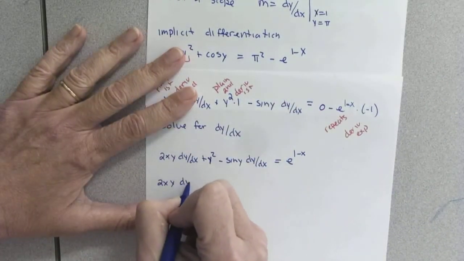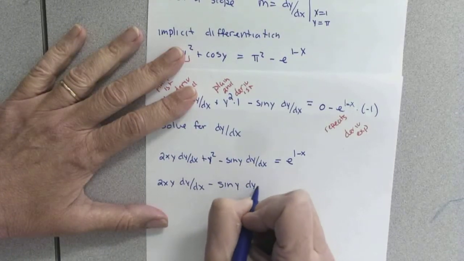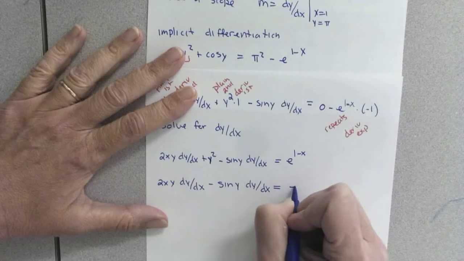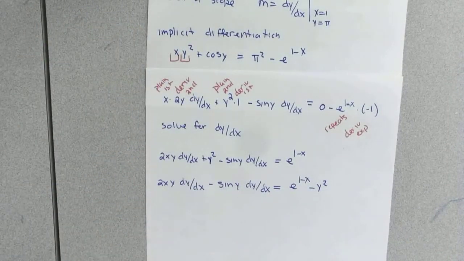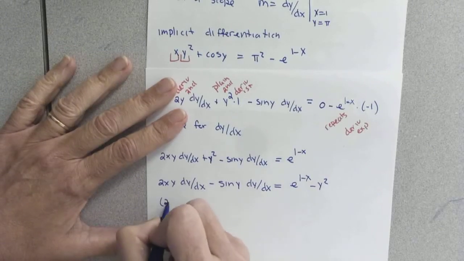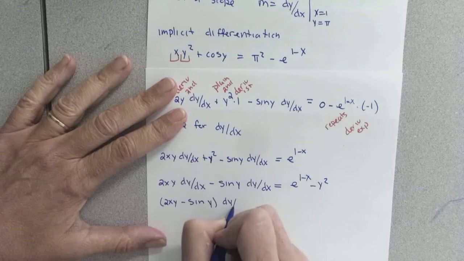Put the dy dx terms on one side, terms without a dy dx on the other side. Factor out the dy dx.